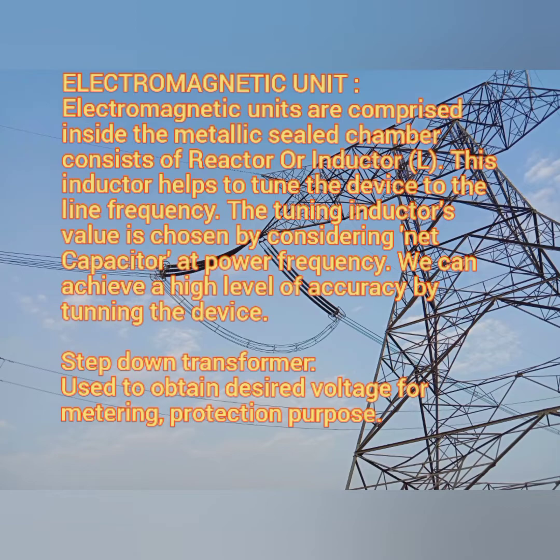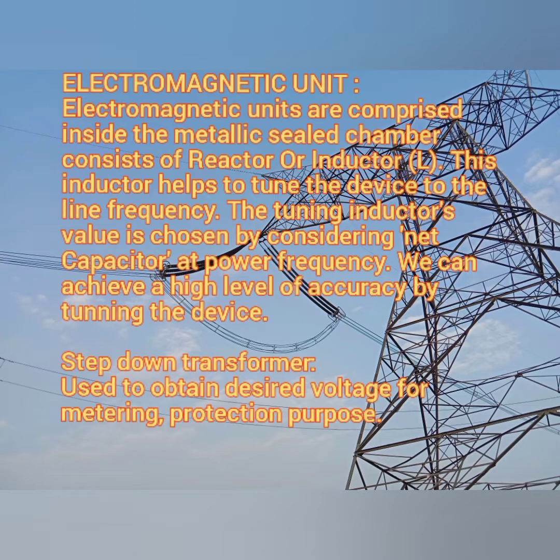This inductor helps to tune the device to the line frequency. The tuning inductor's value is chosen by considering the net capacitance at power frequency. We can achieve a higher level of accuracy by tuning this device.